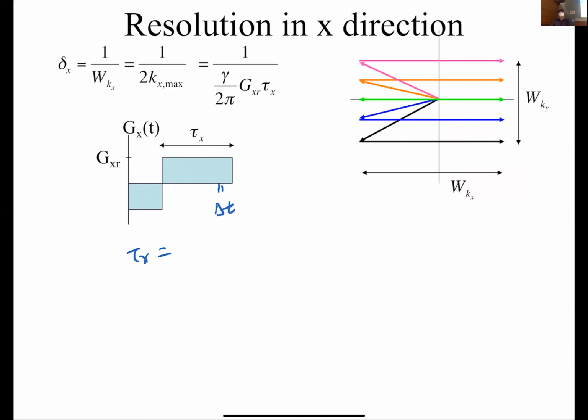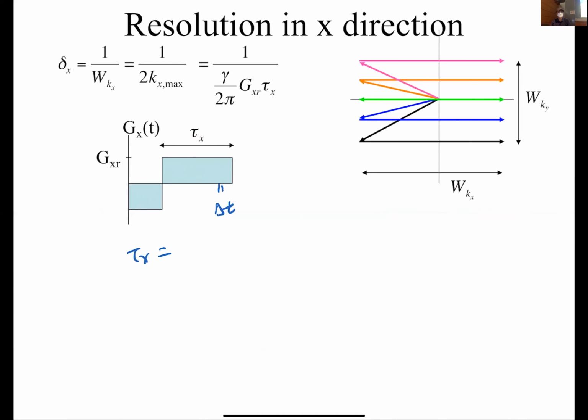I mean, we can obviously do the math, but if you were lazy and didn't want to, what would be a good guess, in terms of delta t, of what tau sub x should be? Should it be 10 times delta t, 20 times delta t? How many samples do we need to acquire in kx, given that we know our image has a certain matrix size?